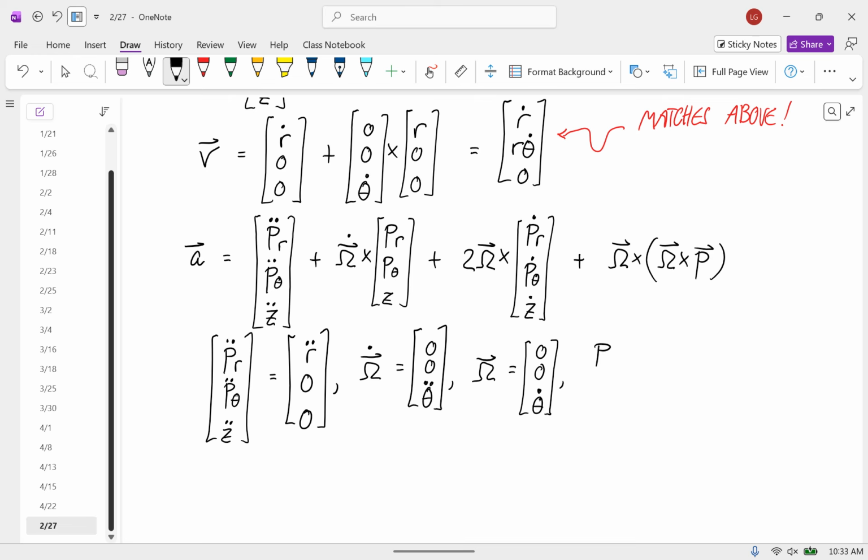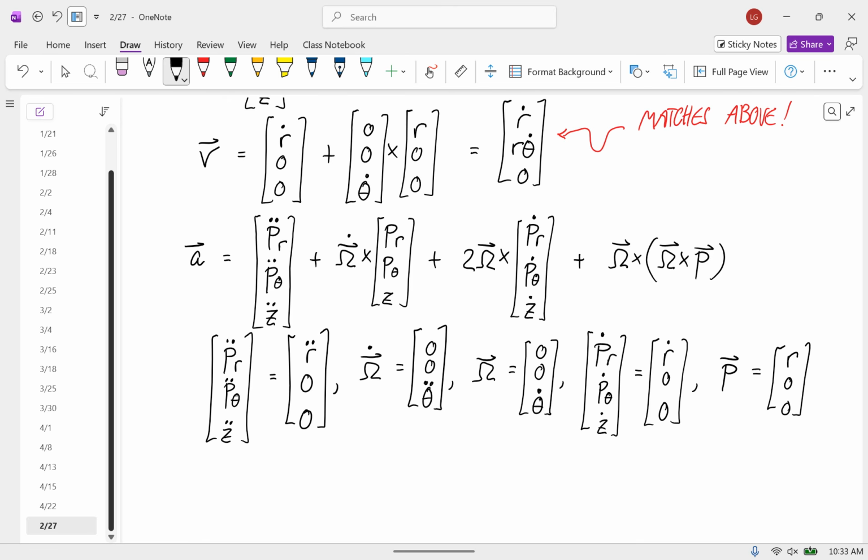Our first time derivatives of the position are R dot, 0, 0, just like it was for the velocity calculation. And our position vector, just like it was for the velocity calculation, is R, 0, 0. And now we're just plugging all that stuff in.